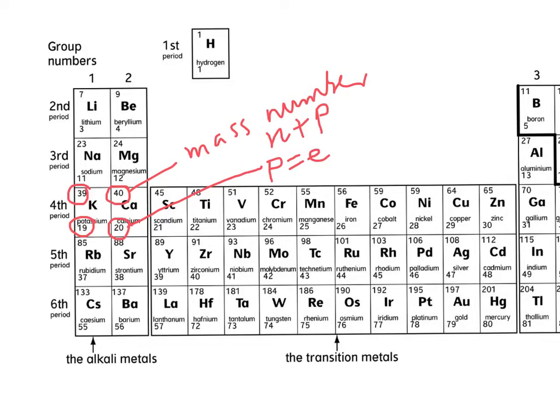And in the case of potassium, the number of neutrons will be 39 take away 19, so that will be 20. We have already learnt about this in the atomic structure lesson, so if you're not sure about any of this, you need to go back to the atomic structure lesson and go through that.